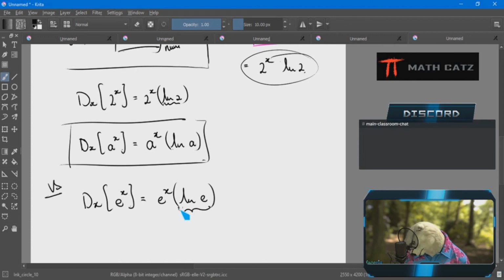Natural log of e represents the power of e that would get me the inside of the log, which is e. It's 1. Which I truly hope everyone is super happy with, because we're going to see this many, many times. So I do get e to the x back, even in this general case.